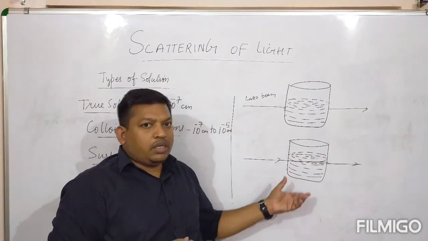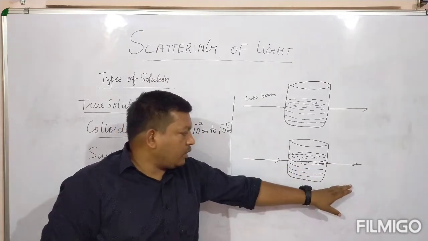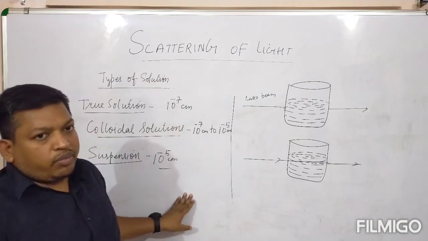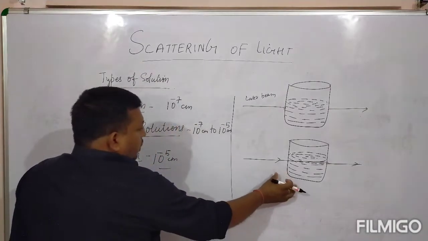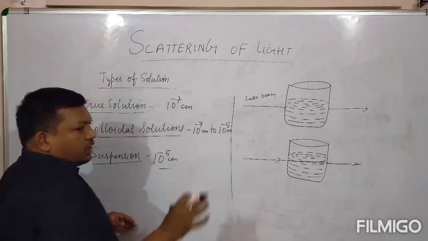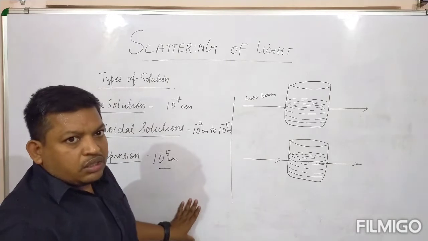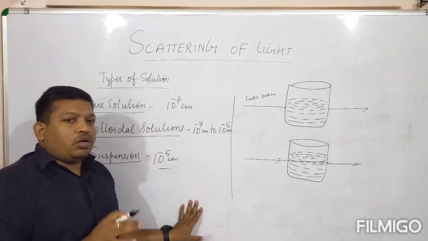This redirection of the path of the light is called scattering of light. So when light falls on a colloidal solution, it is scattered. It moves away in all directions. This moving away of a light ray in all directions is called scattering of light.